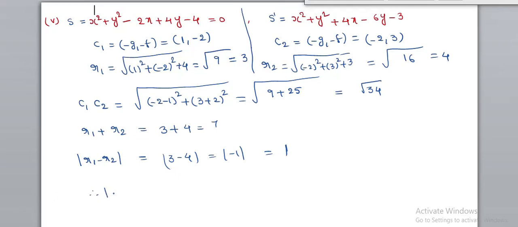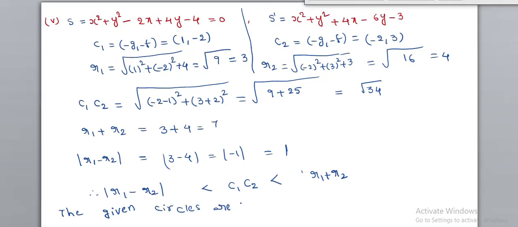So therefore modulus R1 minus R2 less than C1 C2 less than R1 plus R2. Therefore the given circles are intersecting at 2 points.